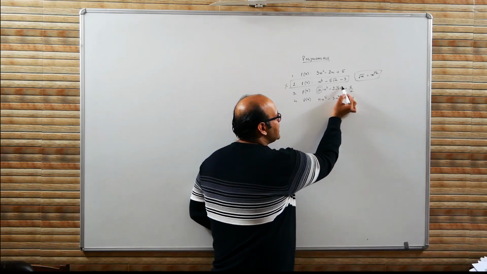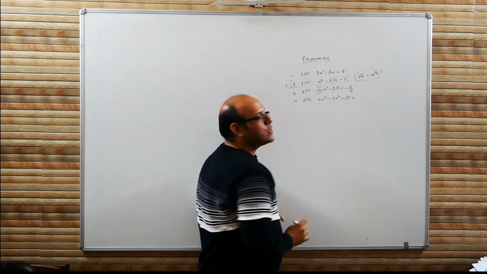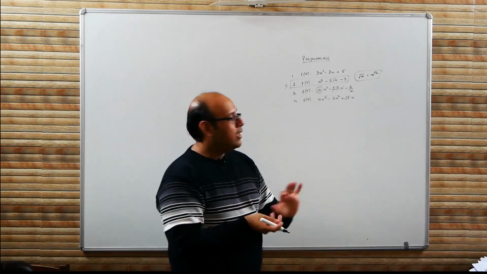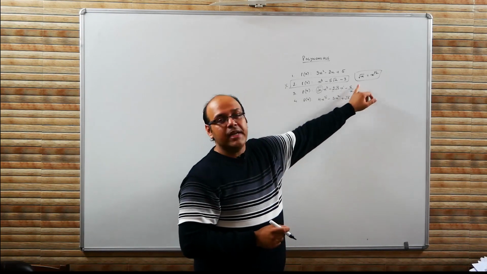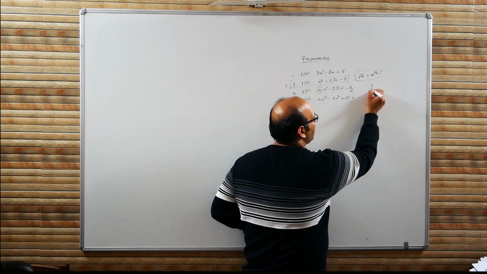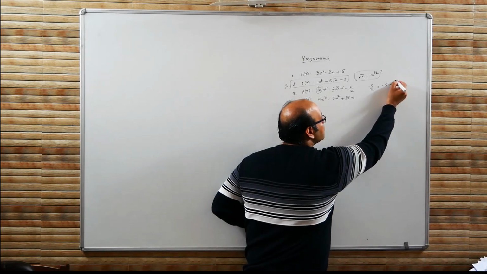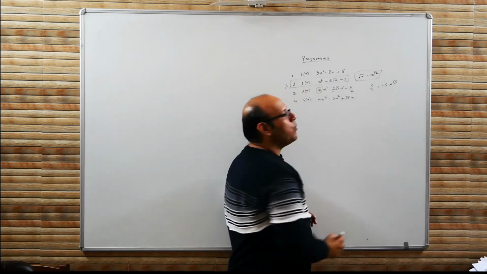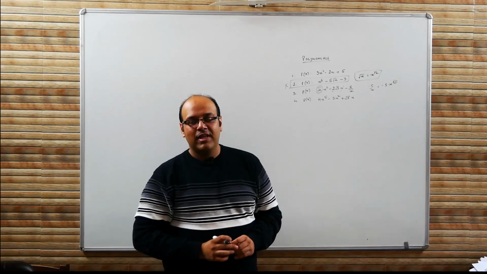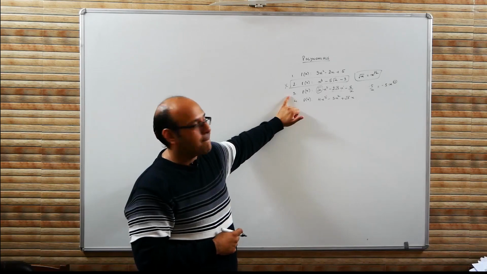Over here, x has a power of 1, so this term is also a polynomial individually. But the last term, minus 5 upon x, I can write as minus 5 x to the power negative 1, and negative 1 is not a whole number. So this entire expression is again not a polynomial.